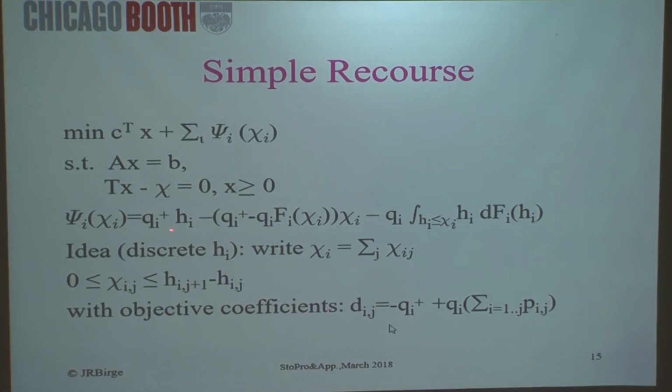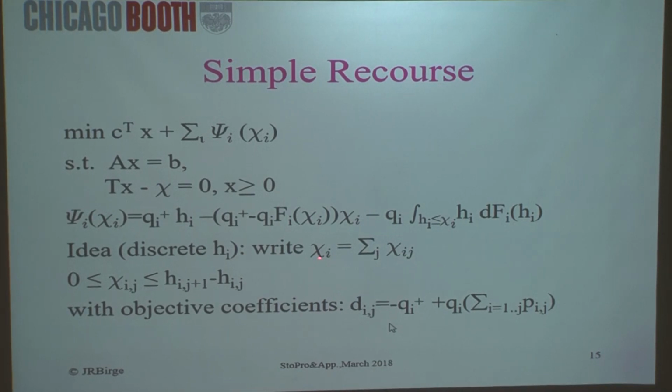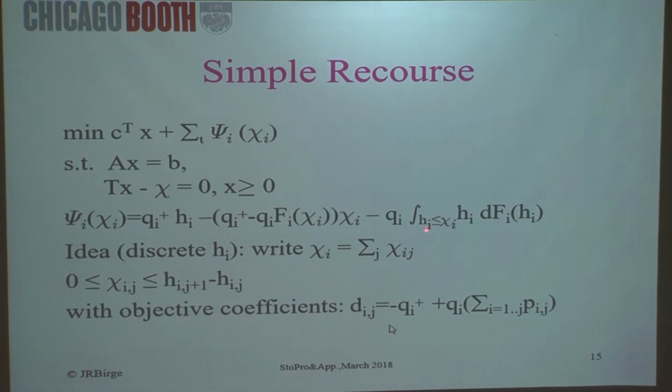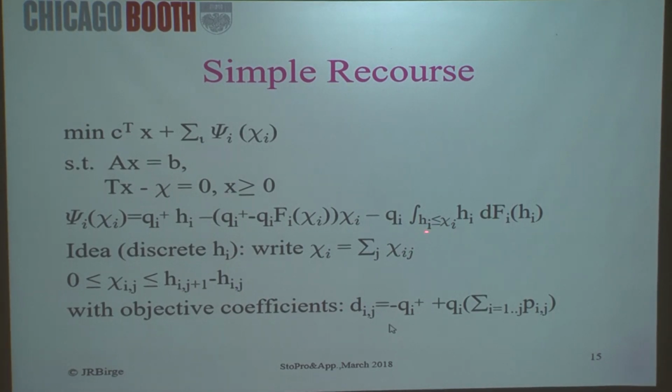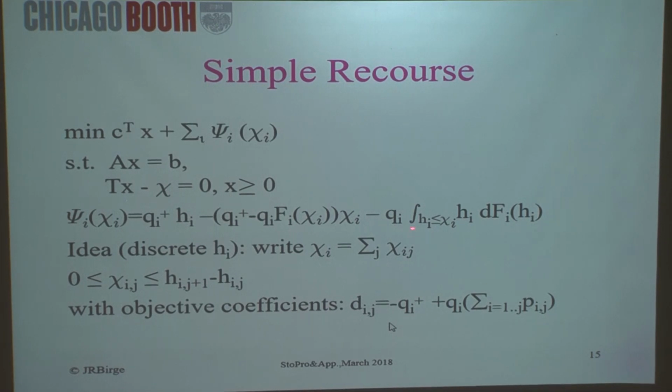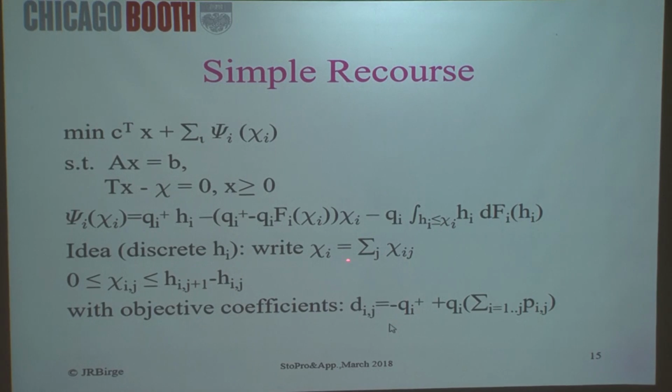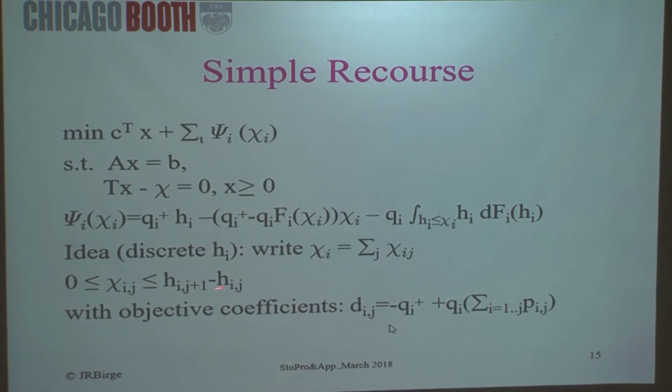Now, if the uncertainty is on the right-hand side and it's discrete, then this value only changes when the value of chi crosses the next discrete realization of each h. So I can write chi in terms of the points where it either is below or above each of the realizations.